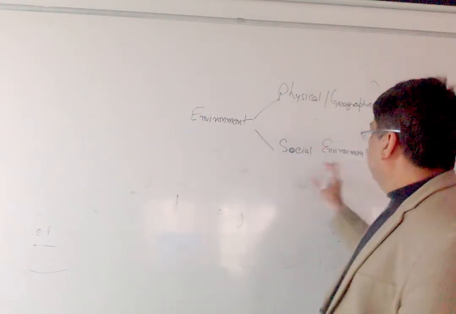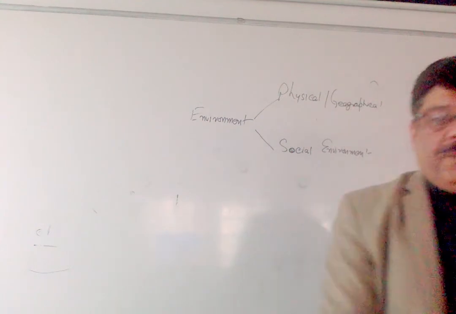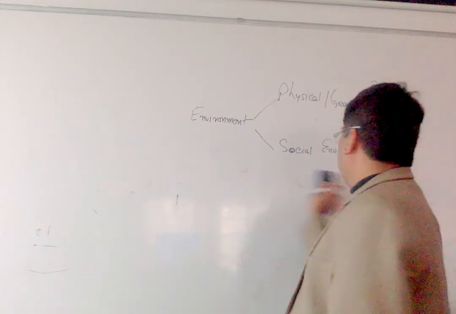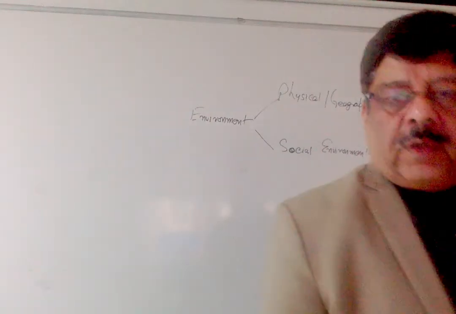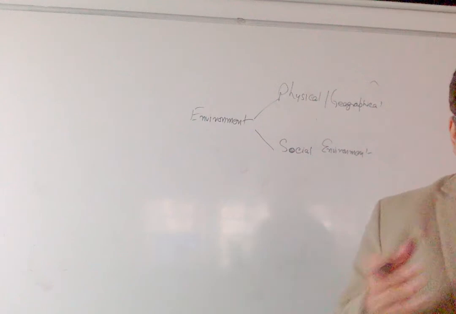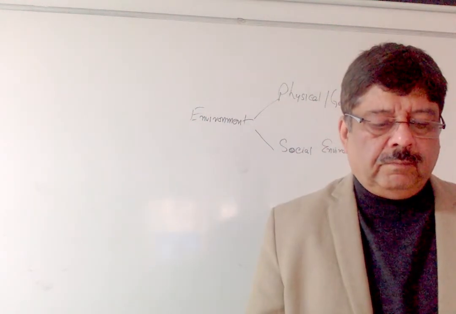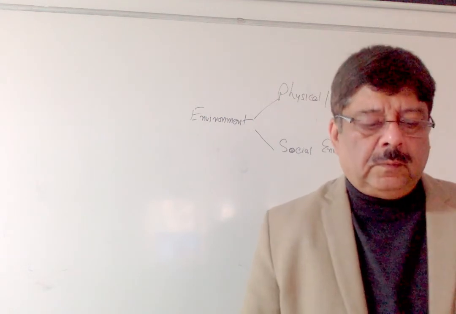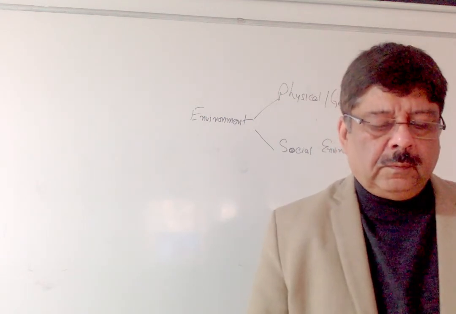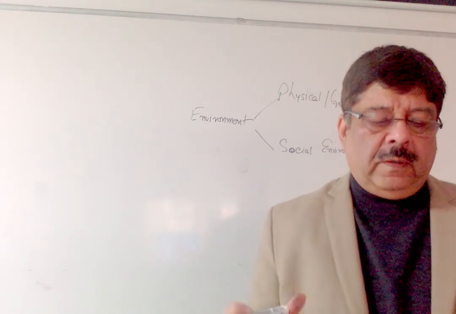So what is important? How is your social environment better? How do you think of that social environment? When you say that your social environment is good, what type of people do you like?